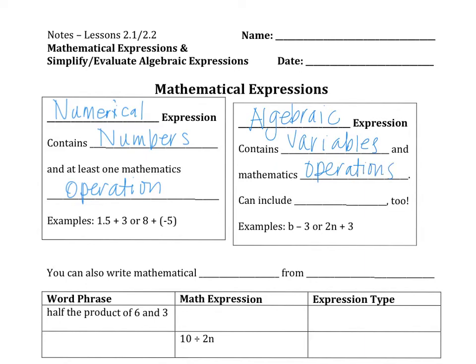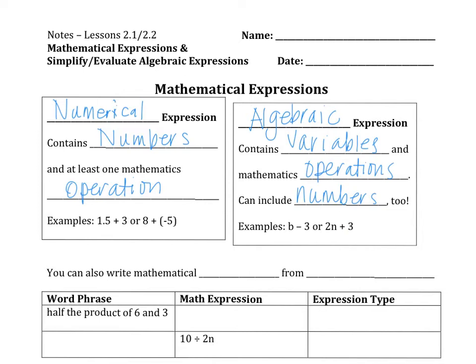And it can include numbers. The key to this one for algebraic is that it has variables in it. An example of that would be b minus 3 or 2n plus 3.